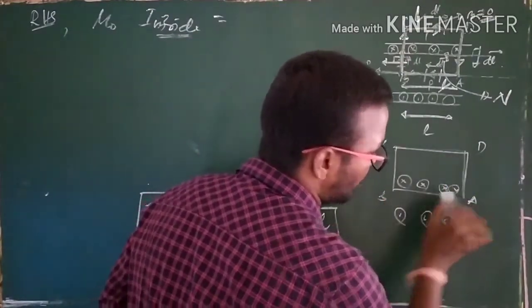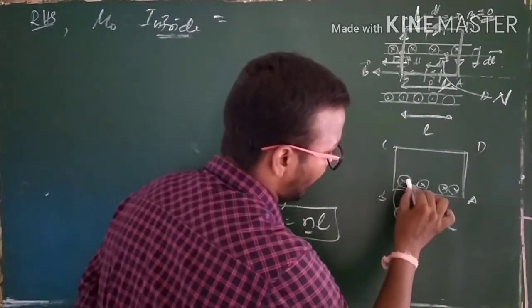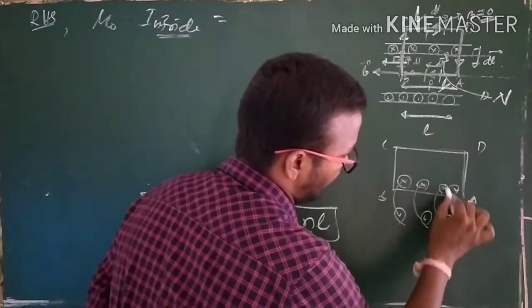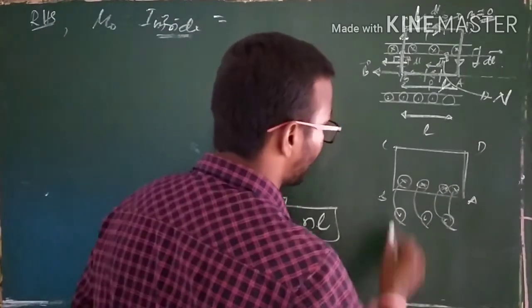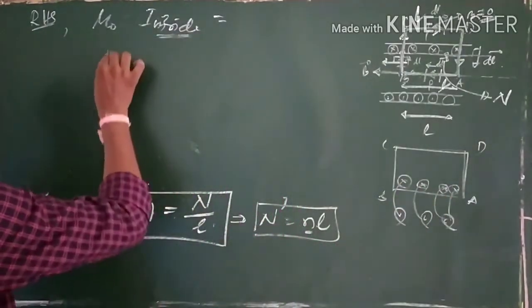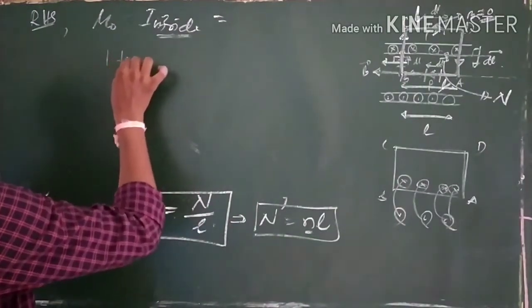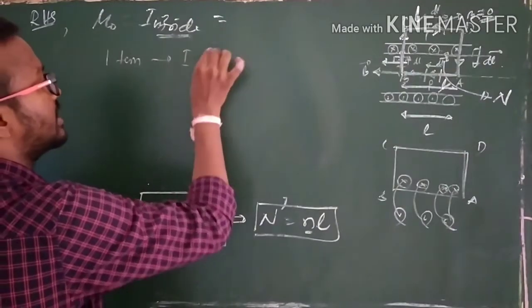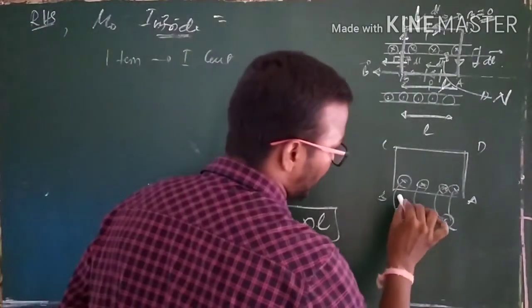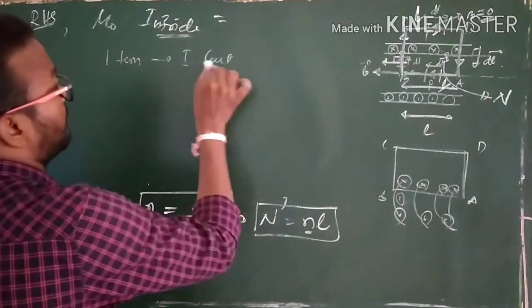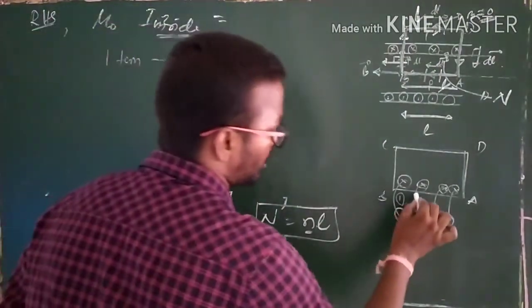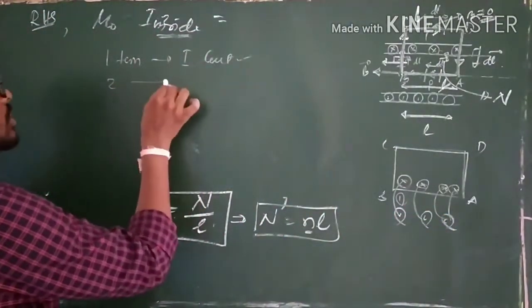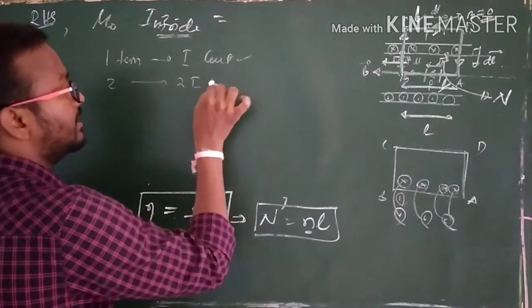This is the Amperian loop, and there are n number of turns. Clear? Suppose for one turn, the current flowing is I. For one turn, the total current flowing is I. For two turns, the total current is 2I.